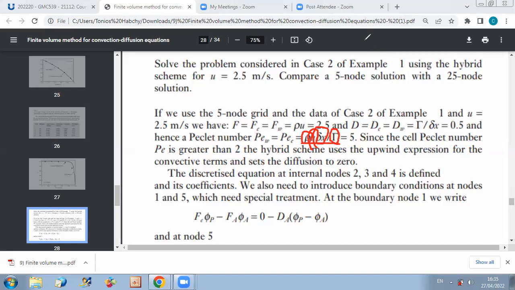Okay. هون we don't have this challenge لانه U constant everywhere, delta x is the same because we have a uniform grid, diffusivity is the same. So هون Peclet number is same everywhere. يعني it's enough انه at the beginning of the problem to calculate the value of the Peclet number. بيطلع لنا Peclet number 5. So we can say then we should use the upwind scheme for all my faces.